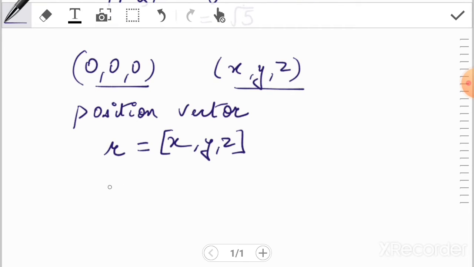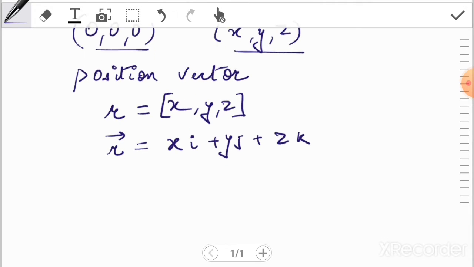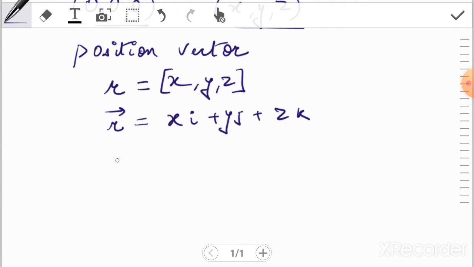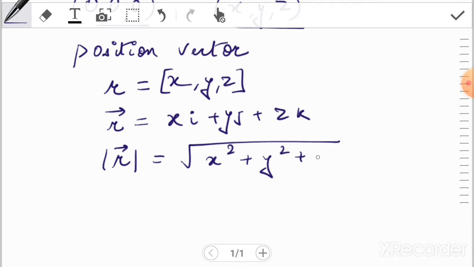You can write the R vector as xi plus yj plus zk, right? And this position vector will have magnitude as square root of x square plus y square plus z square.